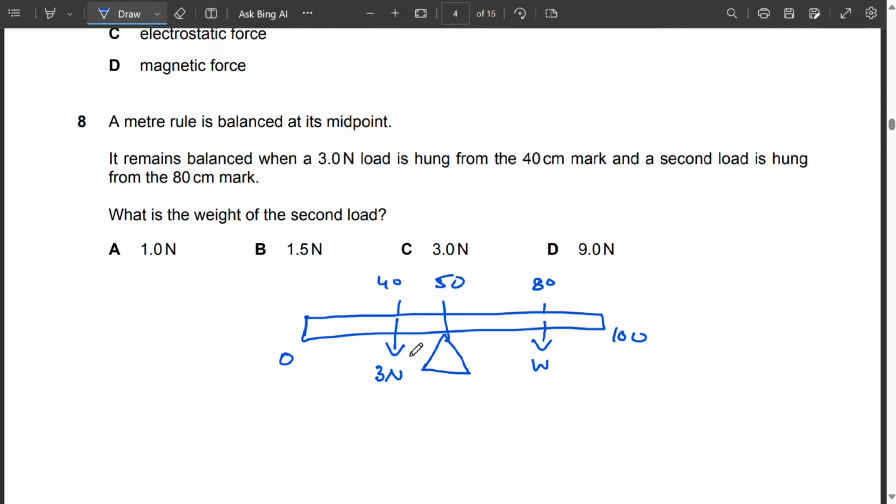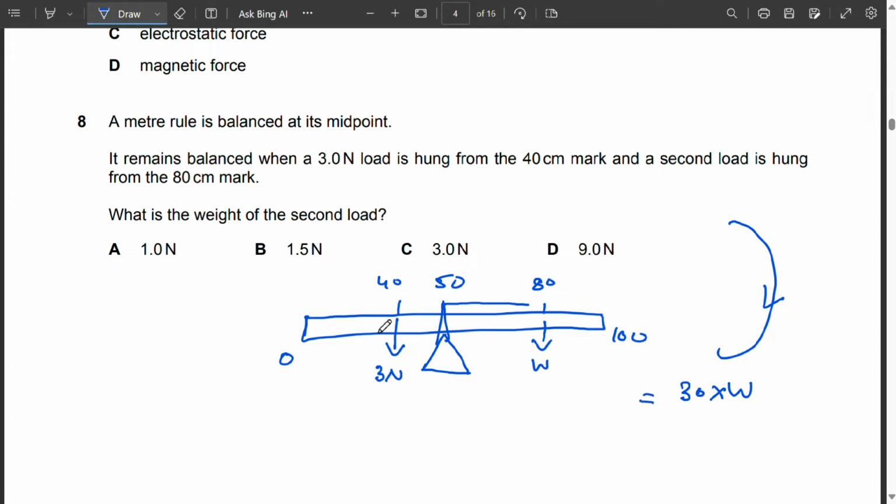Now as we can see, this is still balanced. That means the total clockwise moment, see, clockwise moment is like this, is equal to the total anti-clockwise moment. The load at 80 is causing a clockwise moment. Let's calculate this. The distance from the midpoint is 80 minus 50, which is 30, into W, the weight.